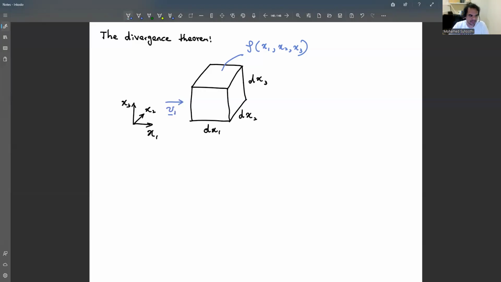So let me take the flow rate. Let's say I'll consider that it's a steady state flow. Steady state flow means the velocity is constant with time.